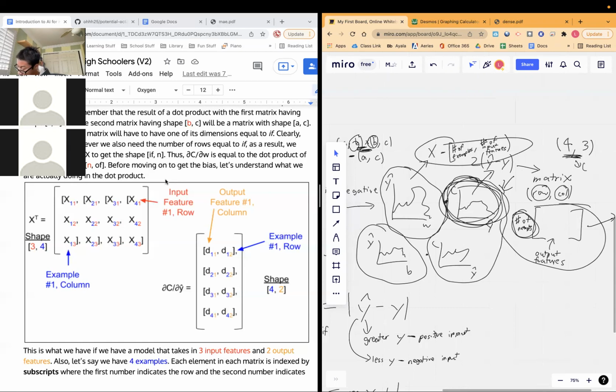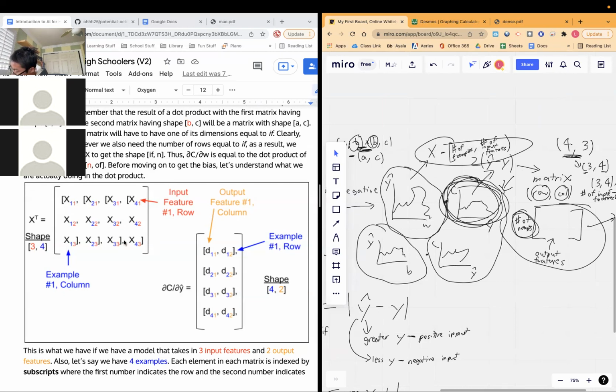Taking the transpose just means we flip the rows and the columns to get a 3 by 4 matrix. Using this 3 by 4 matrix, we can successfully multiply the matrices together to get 3, 2. And 3 is the number of input features, and 2 is the number of output features.